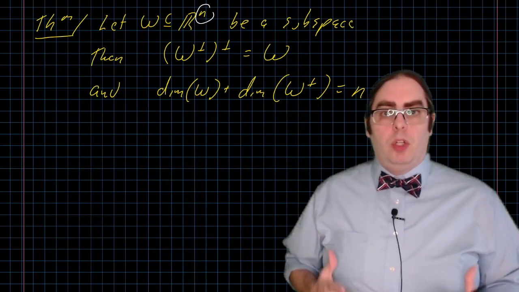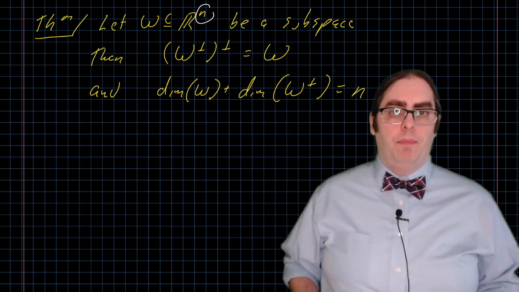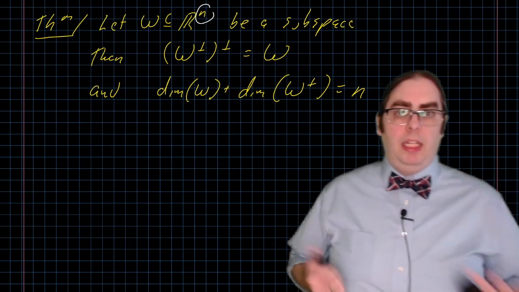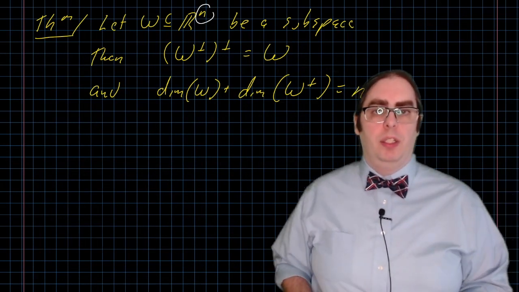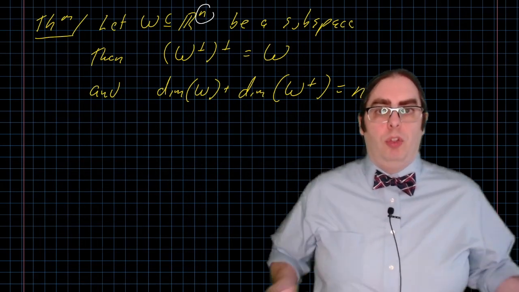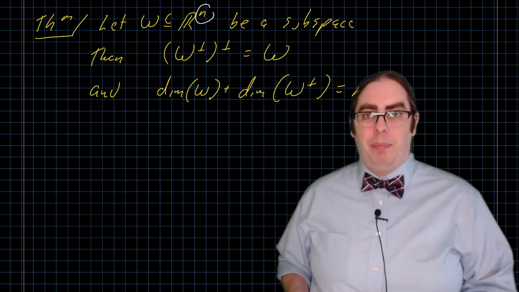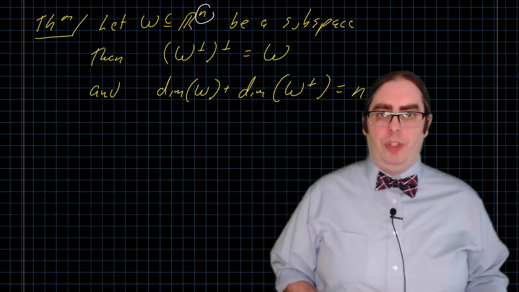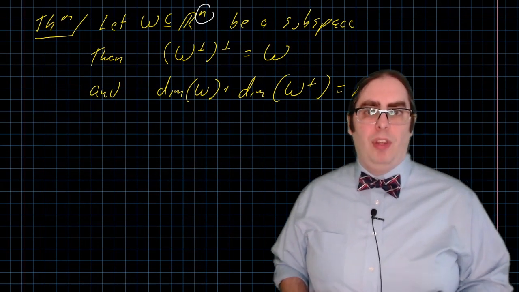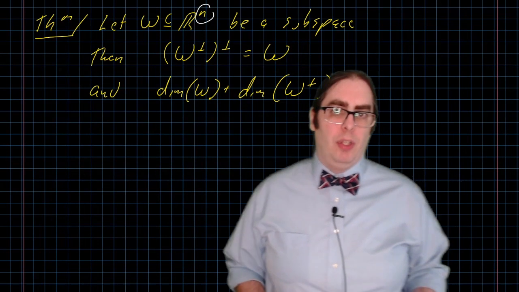The orthogonal complement of a line in three-dimensional space is a plane. The orthogonal complement of a plane in three-dimensional space is a line. A line is one-dimensional, a plane is two-dimensional, 1 plus 2 is 3. Again, it's an example, it's not a proof that holds in general, but I think it gives the general idea of what's happening here without us having to go into too much detail.